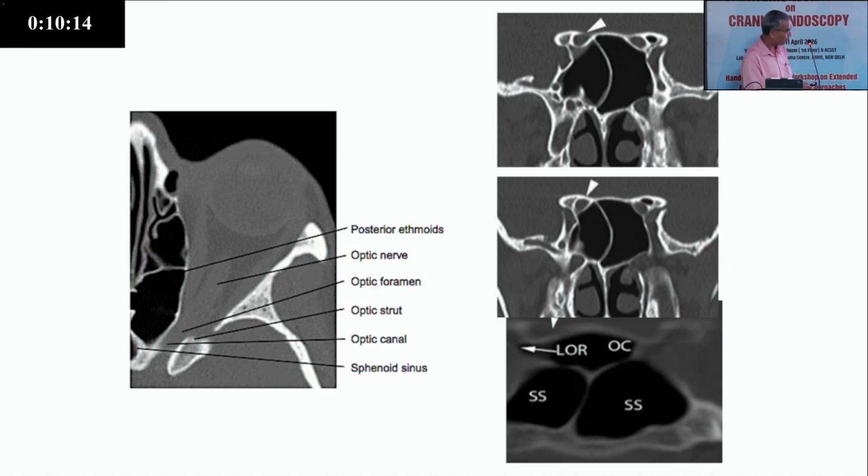And this is on coronal section. This is the sphenoid. This is the optic nerve. This is the anterior clinoid process. This is the carotid bulge. This is the opticocarotid recess. This is the septum, which is attaching onto the optic nerve. Sometimes it will be attaching to the carotid. So already you must have learned not to pull anything in this sphenoid sinus.